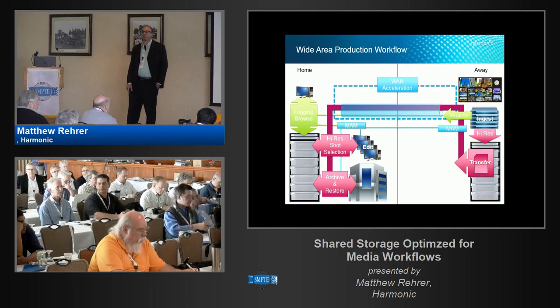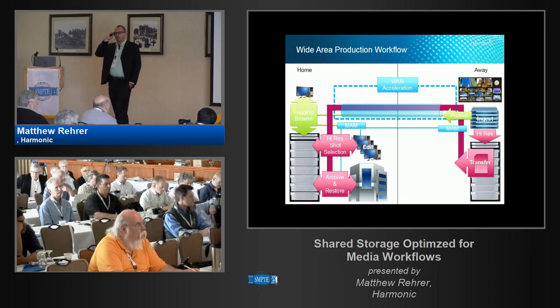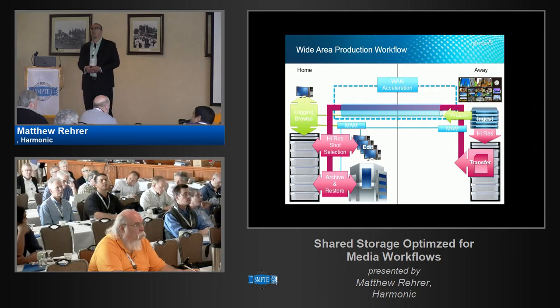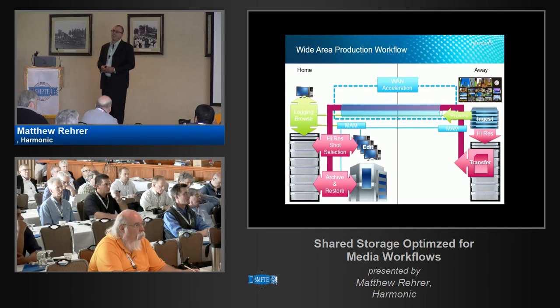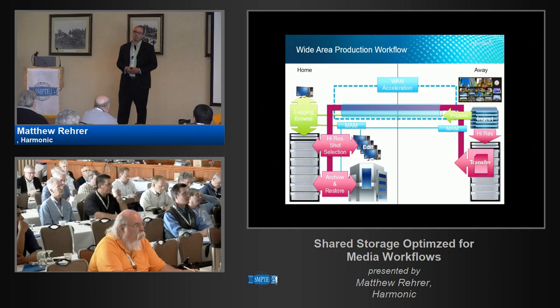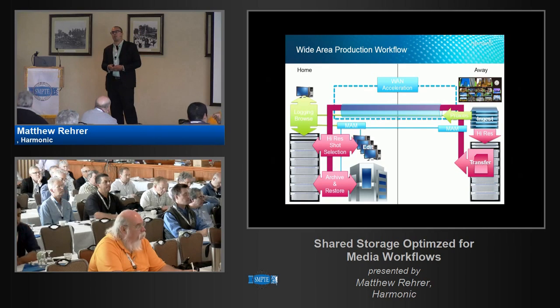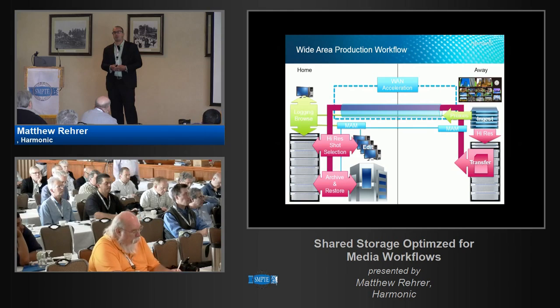Yes, Carl. The MAMs that you described there as the one that's on the away side, is it a lightweight version of the more exotic one on the home side, or can you go through what's in the MAMs themselves? It's a very good question. That, once again, is not a component that came from Harmonic ourselves. In this case, this was Interplay from Avid that was the MAM. And it wasn't lightweight.